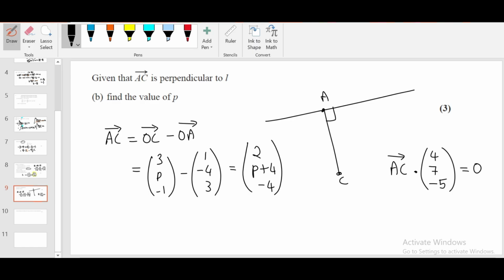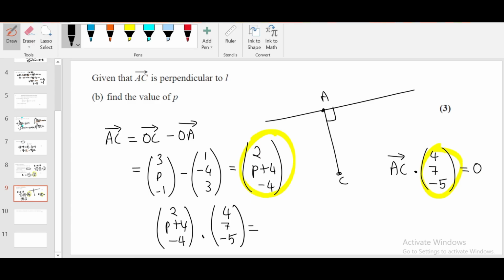Now let's put this vector dot this vector is equal to 0, because that's a condition for perpendicular vectors. A dot B is 0, the dot product of these two. So multiply the corresponding elements. 2 times 4, 7 times p plus 4, minus 4 times minus 5 is equal to 0.